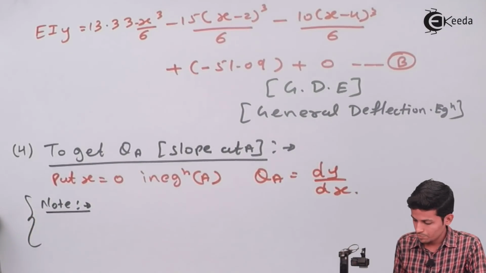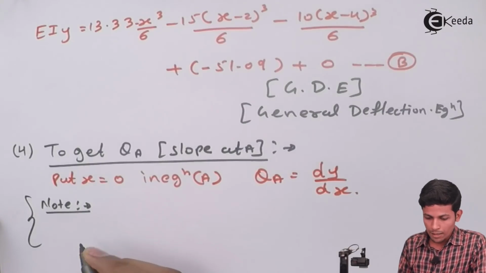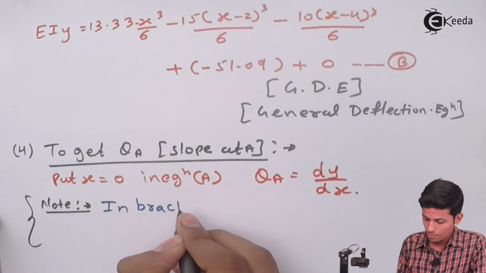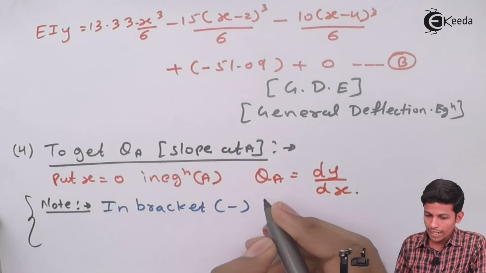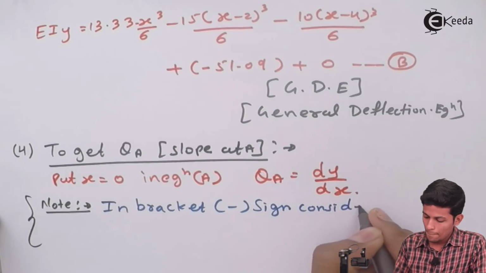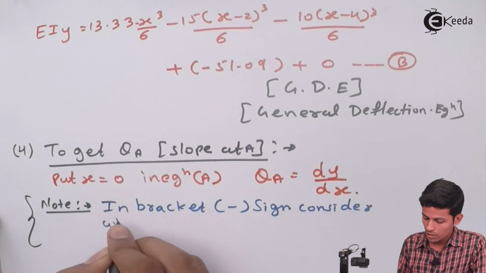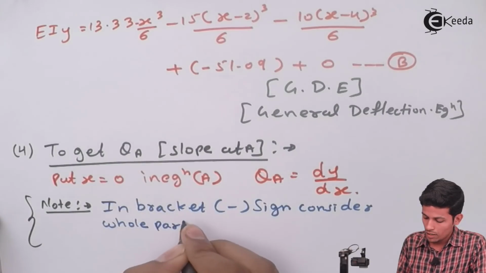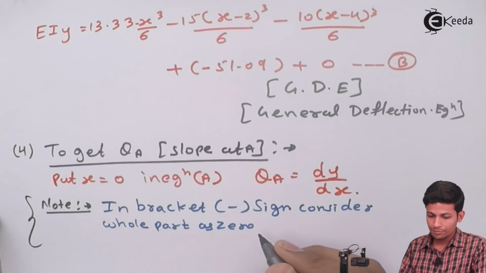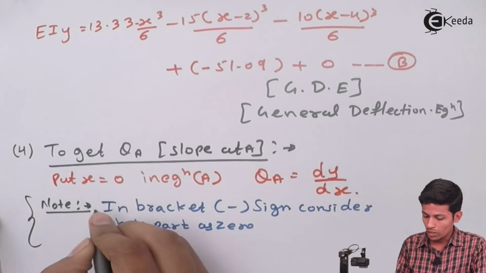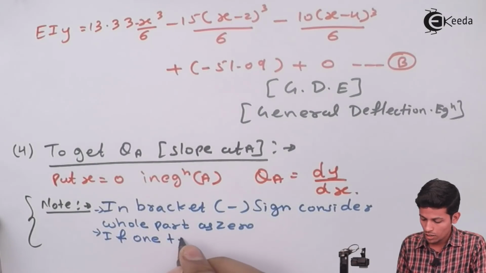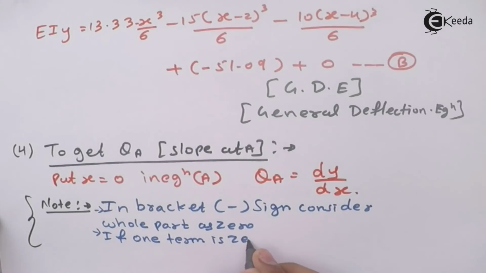The note says: in a bracket with a minus sign, consider the whole part as 0.